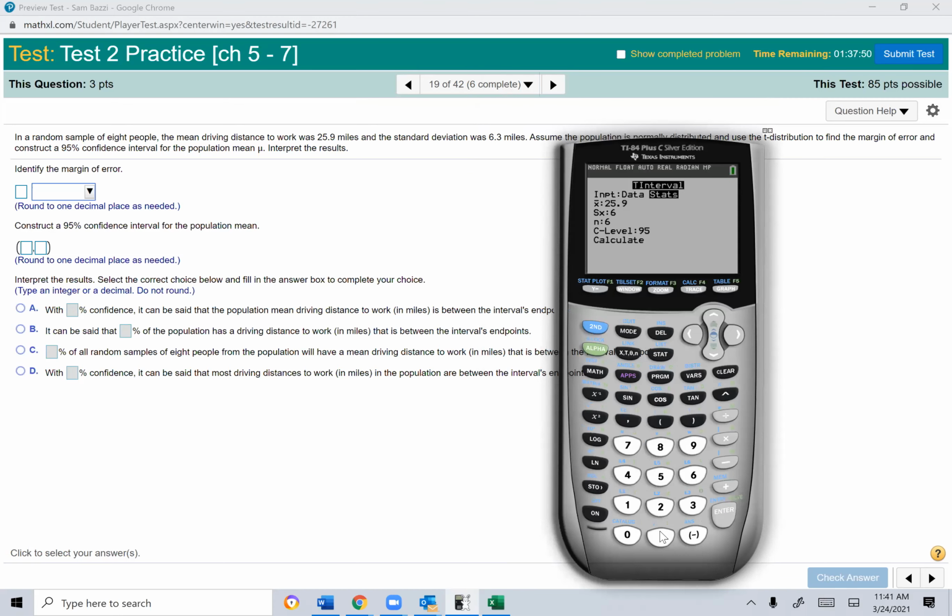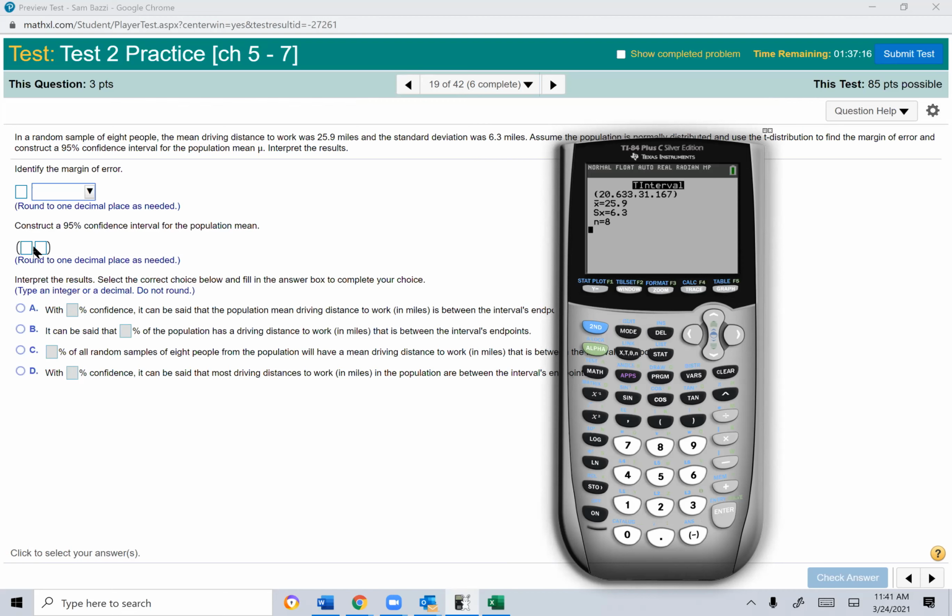Watch carefully here. N is 8 people. It says in a random sample of 8. Usually when the sample size is small, it's T. And he wants 95. Okay. So right here, guys, how many decimals does he want? 1 decimal. So it's going to be 20.6, 31.2.